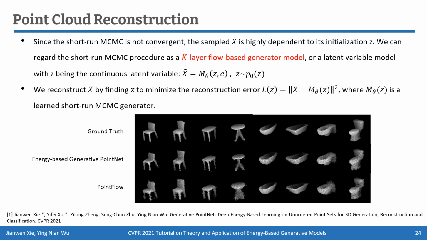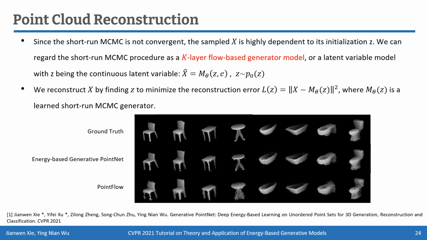We can use this latent variable model for reconstruction purposes. To be specific, given a new testing point cloud, we find the latent Z of the short-run MCMC generator to minimize the reconstruction error. The figure shows the performance of reconstruction.